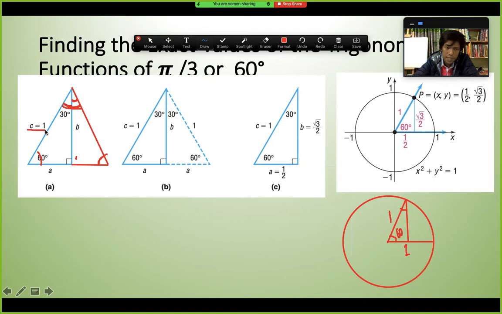We know that this side is 1. Since all the angles are the same, 60, 60, 60, that means their corresponding sides will now be the same. This is 1, so now this is also 1, and this entire thing is 1. Because this side is 1, this side is 1, this side is 1. Why? Because the angle is the same. It is an equilateral triangle, same angles.